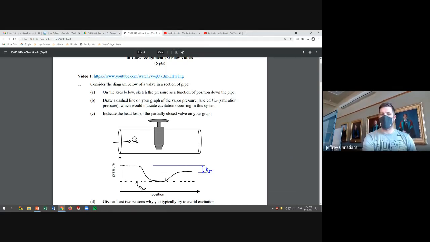We're going to look at what happens when this pressure down here gets really, really low. If you go from high pressure to a high velocity, that pressure can drop so low that you go below the saturation pressure of your liquid.